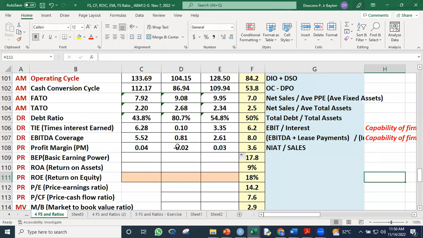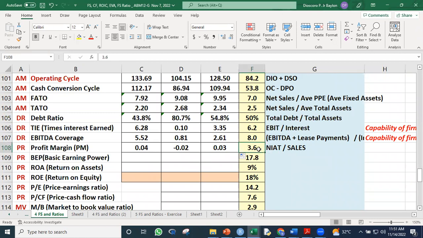Naka-recover siya noong 2020, tapos mas mataas na siya noong 2019, based on horizontal analysis. Okay to kasi tumataas na, and there was a big rebound from 2020. However, in terms of benchmarking with a direct competitor, wala.